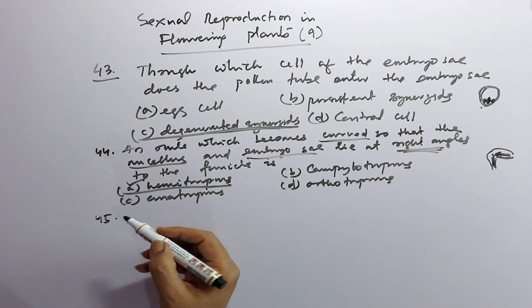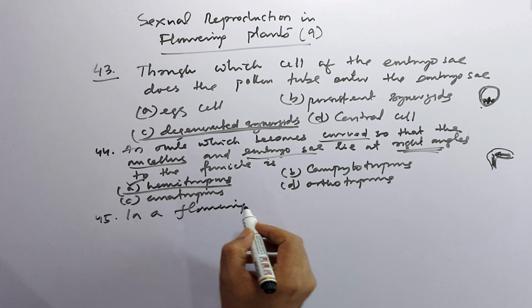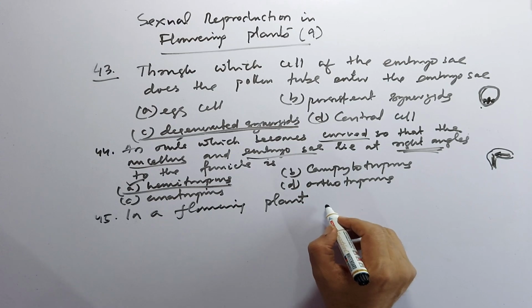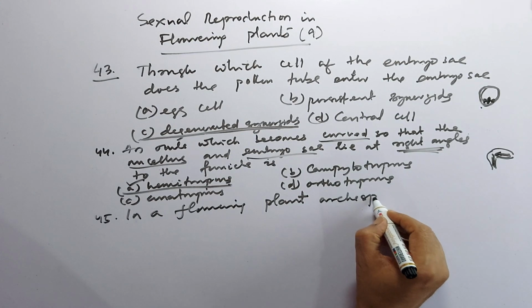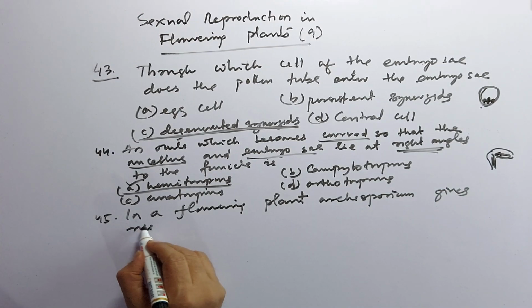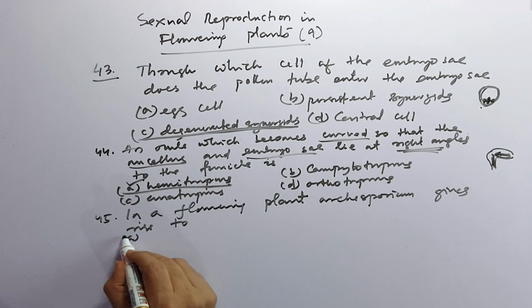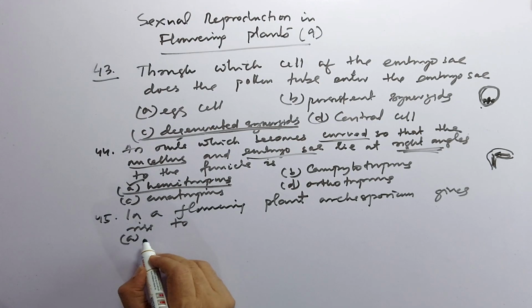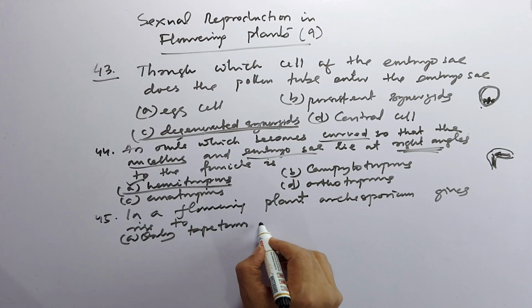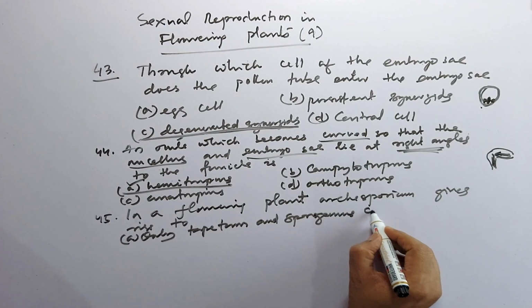The last question: in flowering plants, the archesporium gives rise to: first option, only tapetum and sporogenous cells.